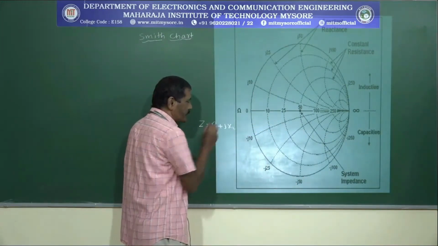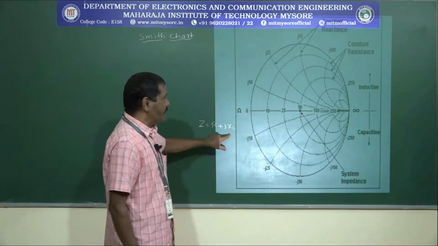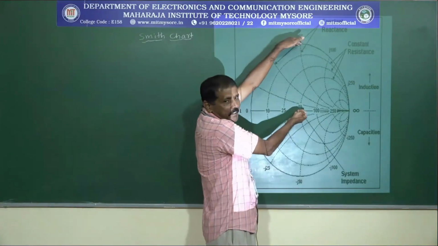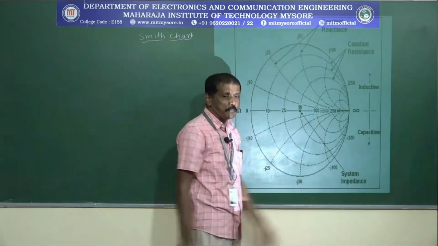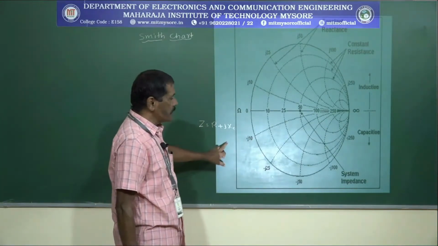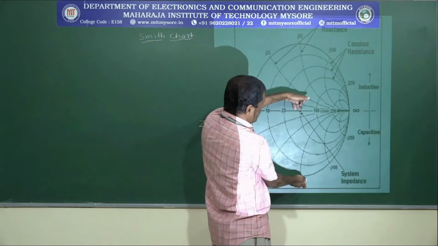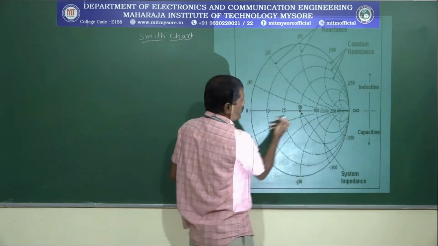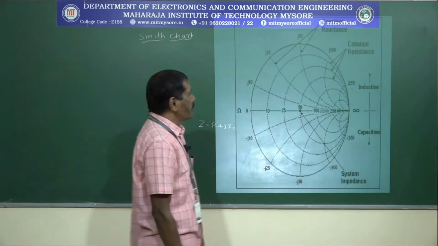If your impedance is R plus jXL, then we concentrate on the upper part of the Smith chart, and if Z is equal to R plus jXC, then we consider the bottom part of the Smith chart.